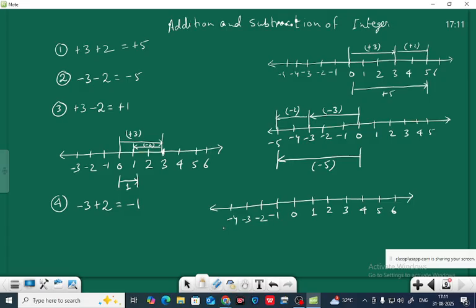Now minus 3 plus 2. How to add? Minus 3 means you see here, that is left hand side. This is minus 3. From here to here it is minus 3. Now from 0, sorry, this will be 0. Let us change this one. It will be from 0.